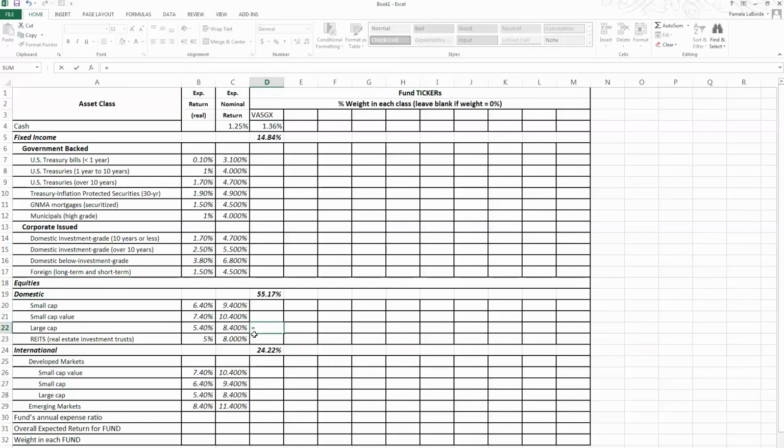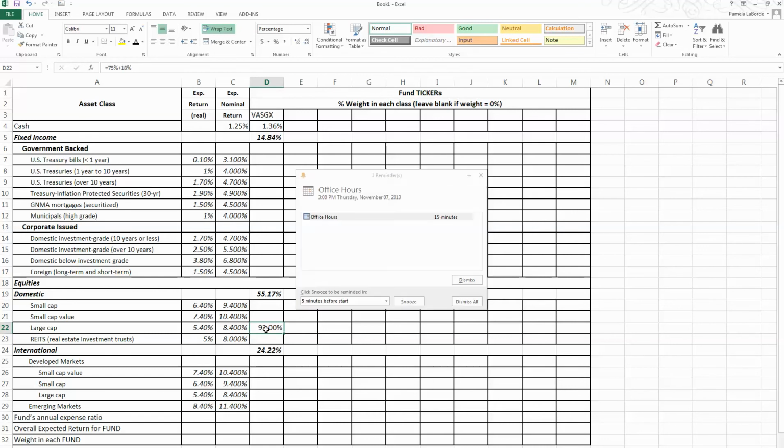And I'm too lazy to do that math in my head. So 93% of the Life Strategy Fund, I'm saying, goes into the large cap value, or large cap cell.